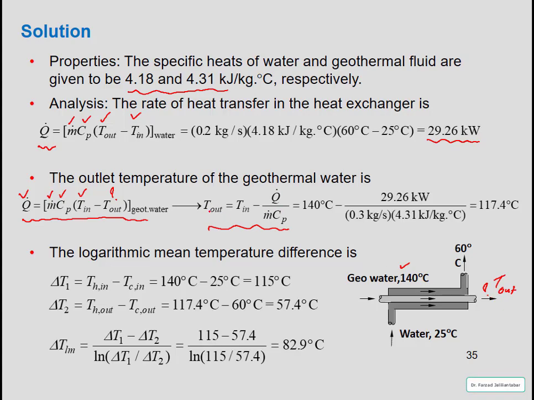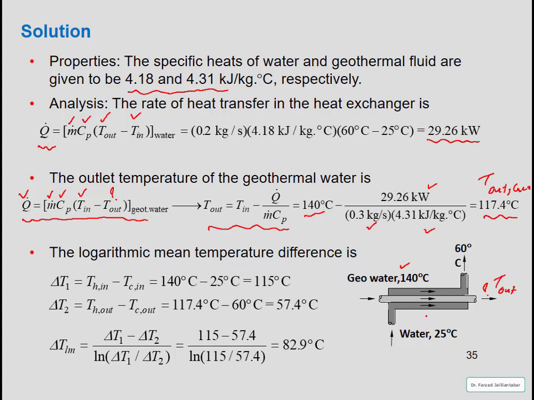Then by substitution of T in, which is 140 degrees Celsius, and the Q dot we calculated in previous steps, and knowing also that the M dot for the geothermal water was 0.3 kg per second, and the Cp was given as 4.31 kilojoule per kilogram degree Celsius, we can calculate the T out for the geothermal water.